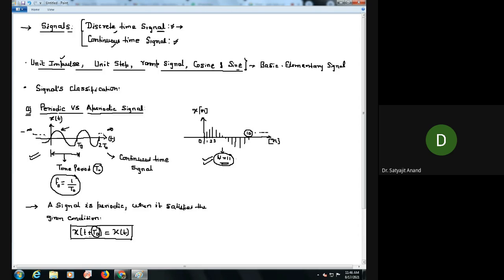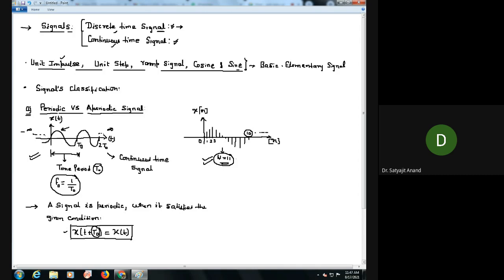And what does x of t plus t naught mean? It means this signal is shifted towards the left, we can say. And if it is t minus t naught, that is towards the right. I will take one example and show you how this function x of t plus t naught looks, if x of t is given to me.